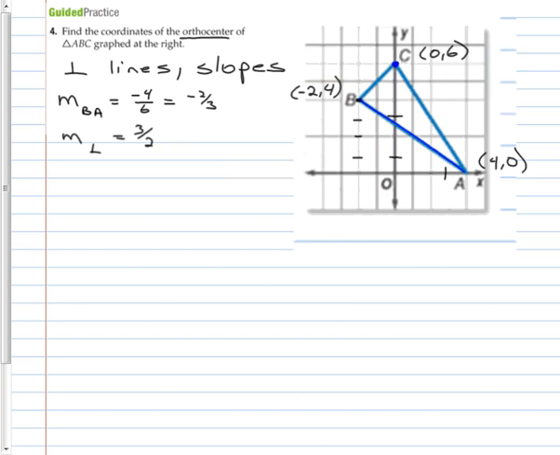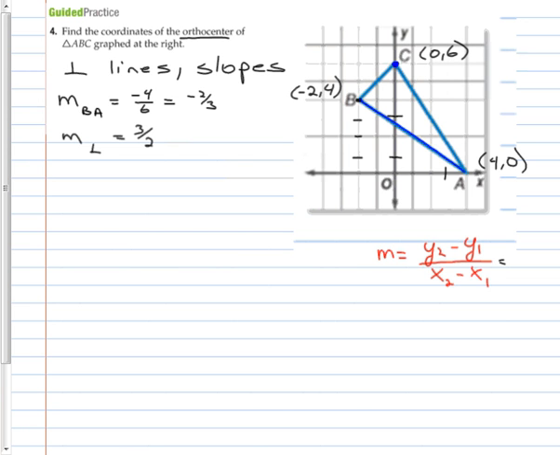Now before we go farther, rise over run is one way of getting a slope. Do you remember the slope formula? y sub 2 minus y sub 1 over x sub 2 minus x sub 1. That's not the midpoint; when you add them, that's the midpoint. I'm going to go through this to make sure that you remember this way of getting a slope.